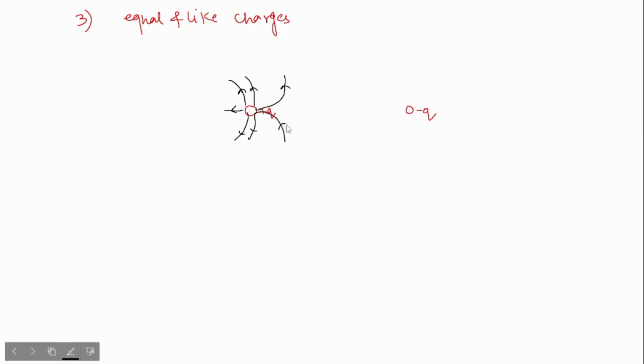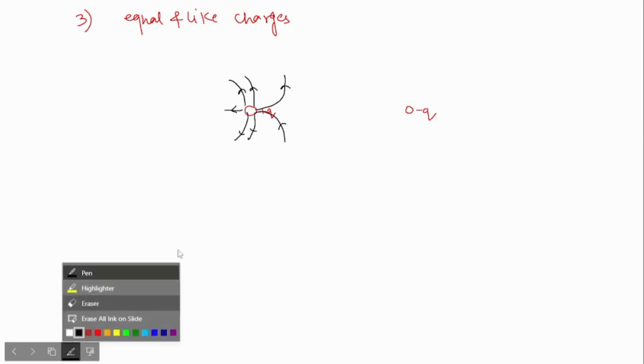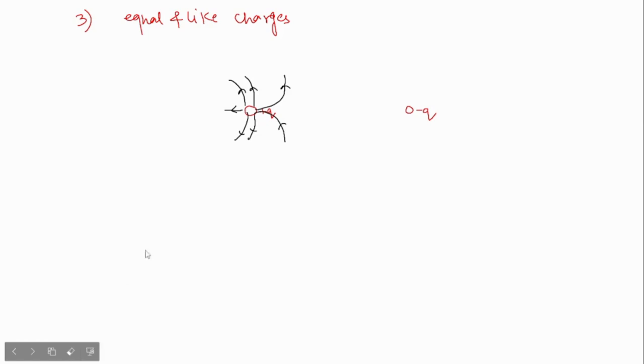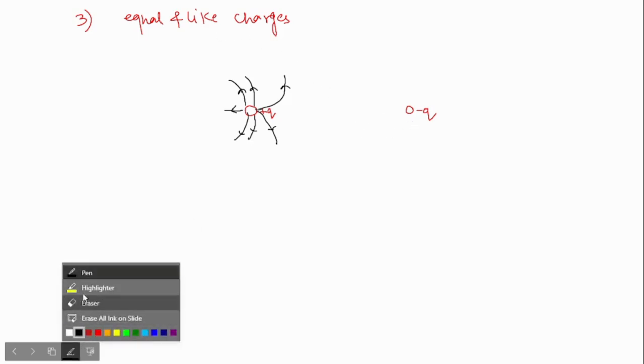Oh, I made it wrong. I have actually drawn equal and like charges, so we should make the other one positive as well.